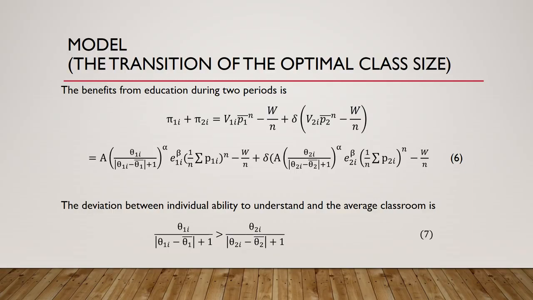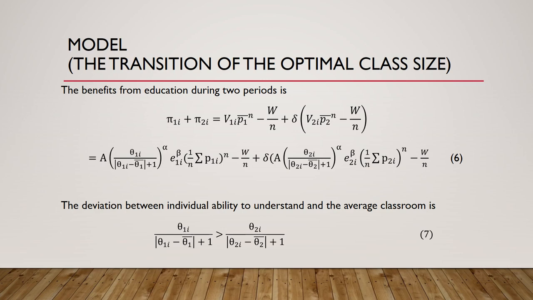Delta is the discounted present value, and pi ji, vji, pji, and theta ji indicate the benefits from education, human capital, honestness toward studying, and the ability to understand teaching of individual i in period j, respectively.